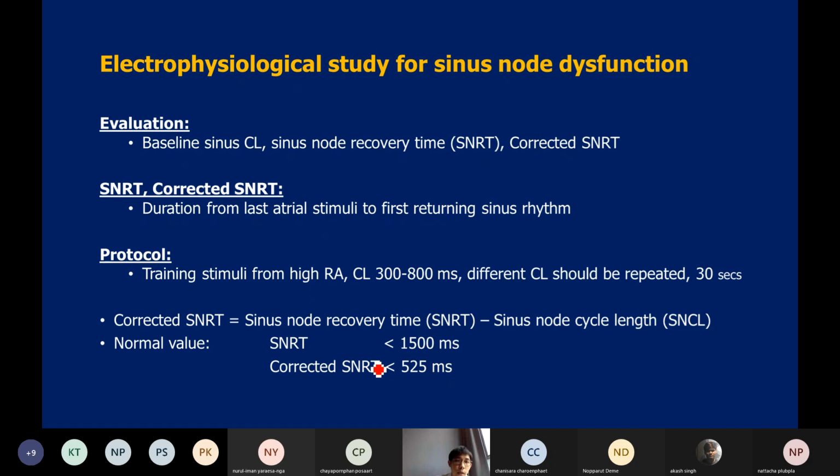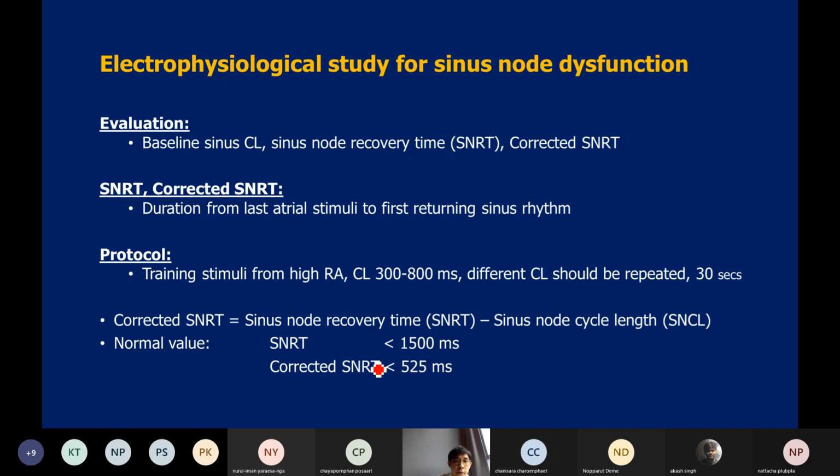What it means is that you trigger something to cause a sinus pause, and you see how many milliseconds it takes the sinus node to come back or recover.